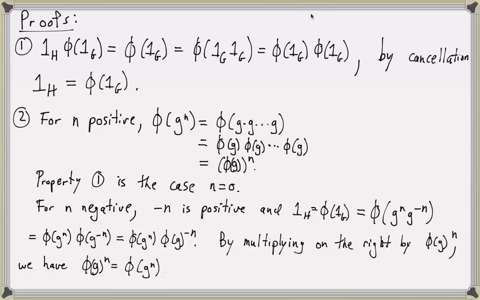So we've shown that this formula holds for any integer n. And so in the particular case when n is -1, we see that phi of g inverse is equal to the inverse of phi of g.